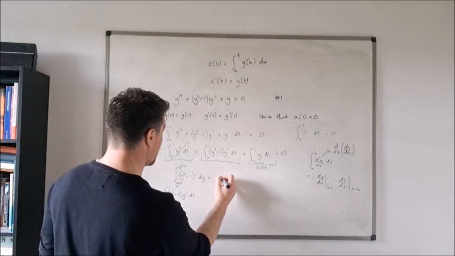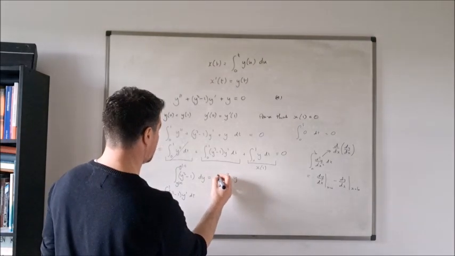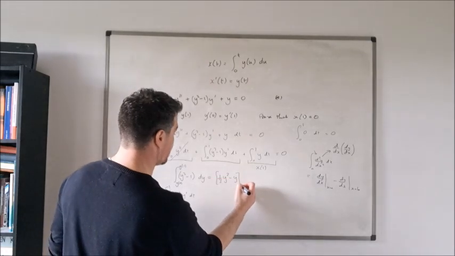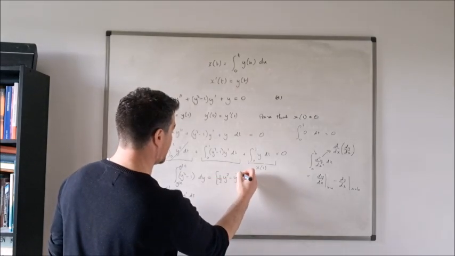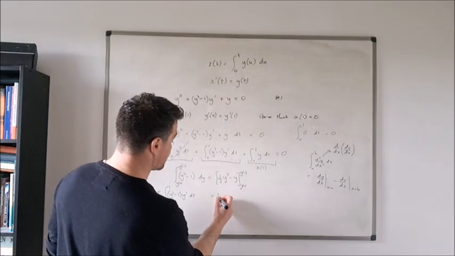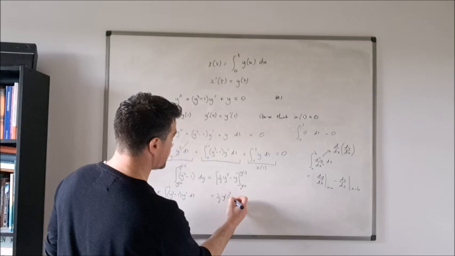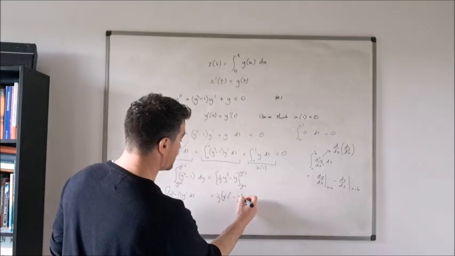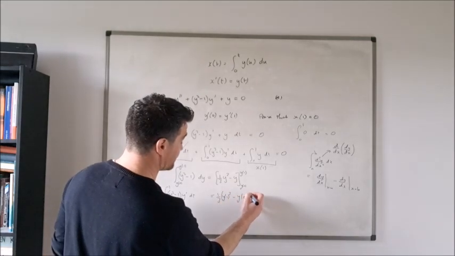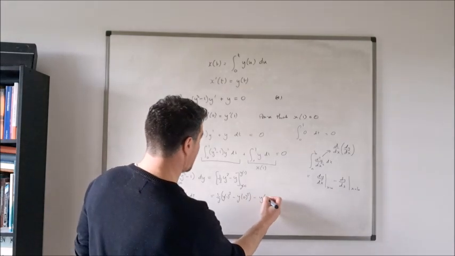It's going to be a third y cubed minus y between the limits of y of 0 and y of 1, which is going to be equal to a third of y1 cubed minus y0 cubed, minus y1 minus y0. I'm jumping ahead a little bit here.